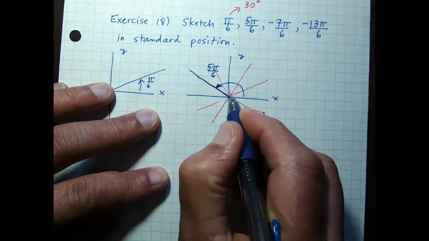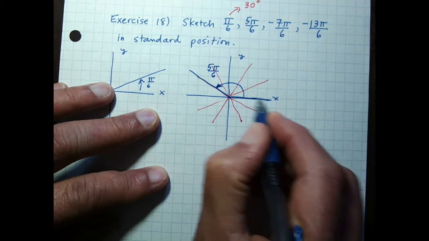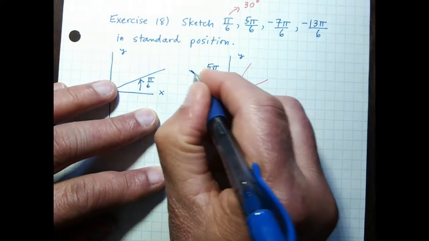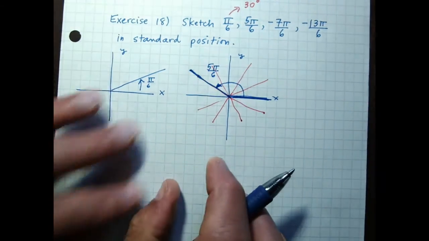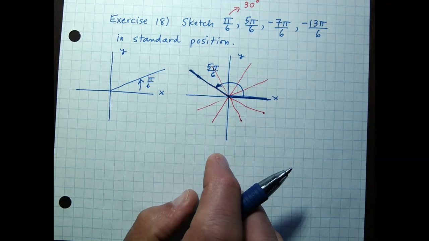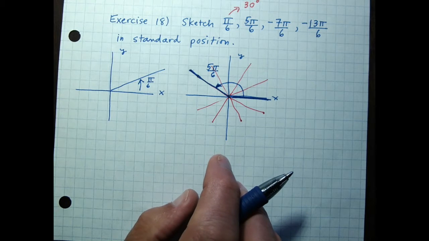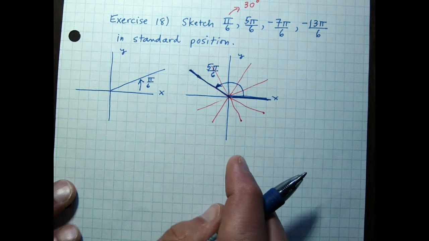The red lines are not really relevant or necessary. You can leave them off. It's the terminal side that's most crucial, because we know the initial side is always going to be the positive x-axis. And realizing that we end up in the second quadrant with that terminal side is crucial.